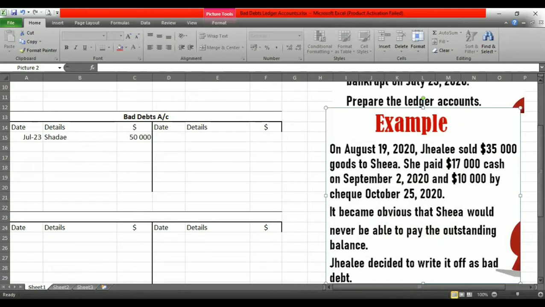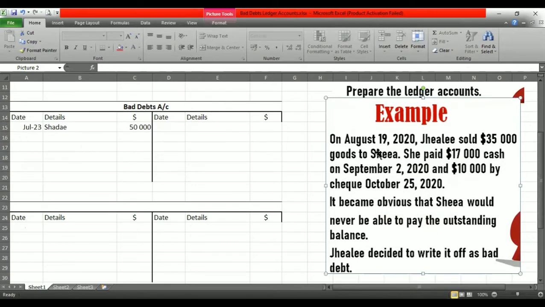And for this example, it states on August 19, 2020, Jaylee sold $35,000 goods to Shay. So now we have a new customer. She paid $17,000 cash on September 2nd, 2020. Another payment was made of $10,000.